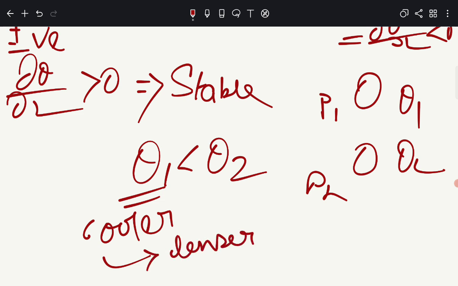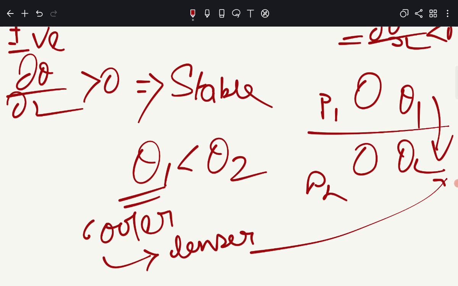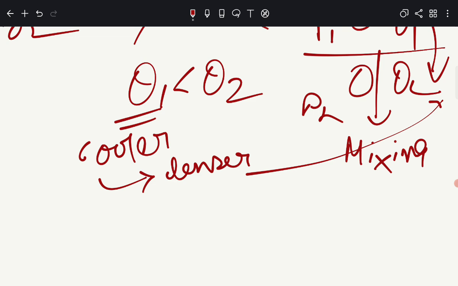As it is dense, it will sink down. It will not want to stay in its previous position. It will try to go down. That will result in mixing, and this is an unstable condition.